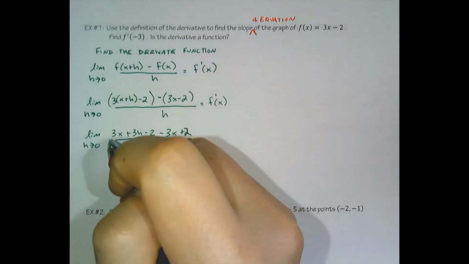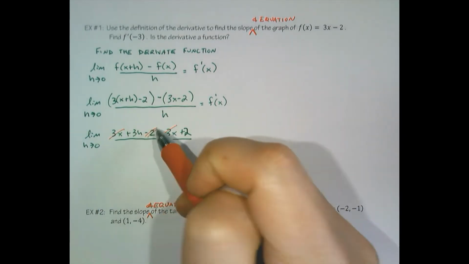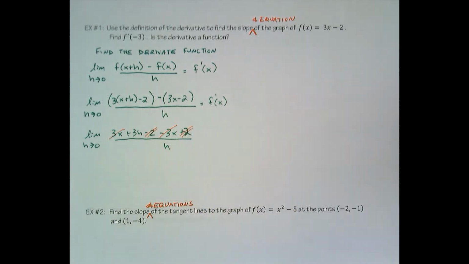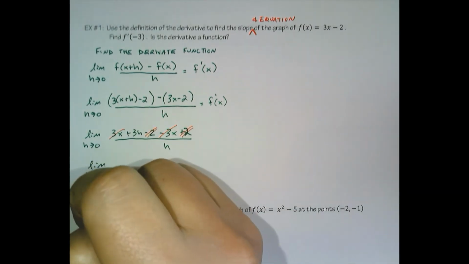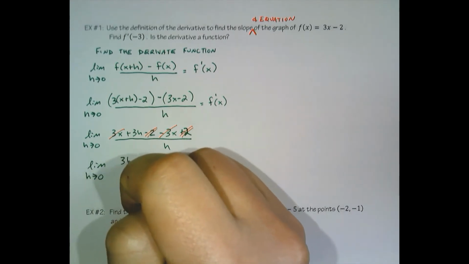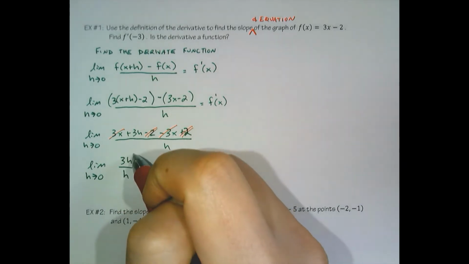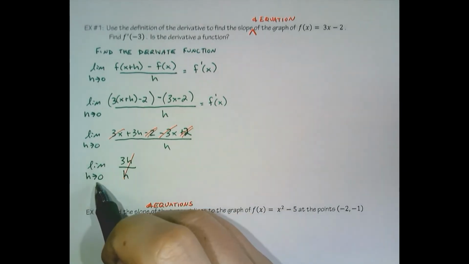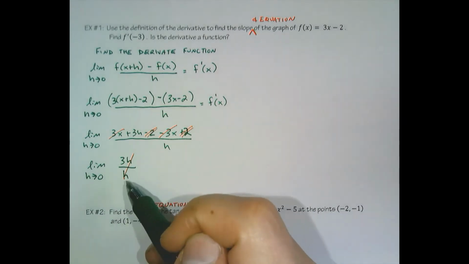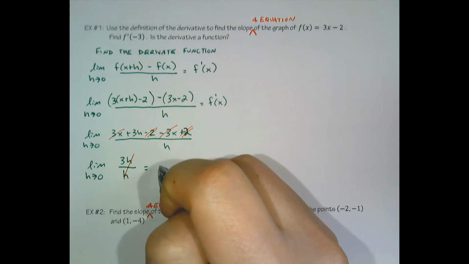The 3x cancels with the negative 3x. The negative 2 cancels with the positive 2, and we're left with 3h over h, and the h's cancel. Now if I plug 0 in for h, it doesn't matter because there are no h's, and the limit evaluates to the number 3.